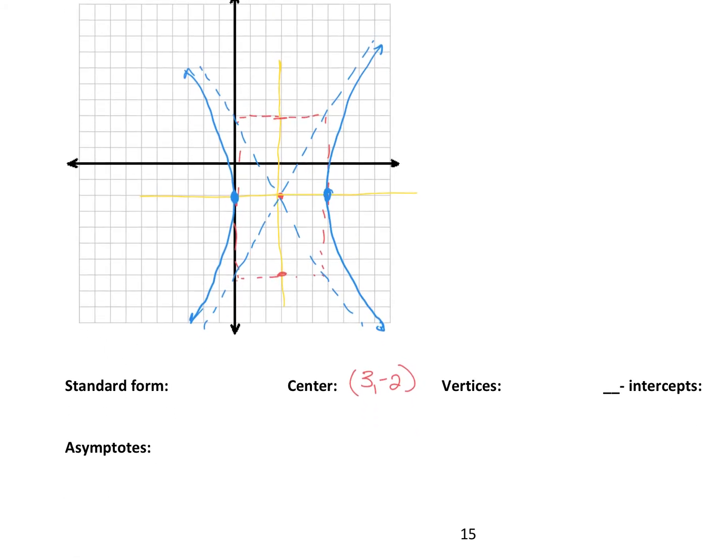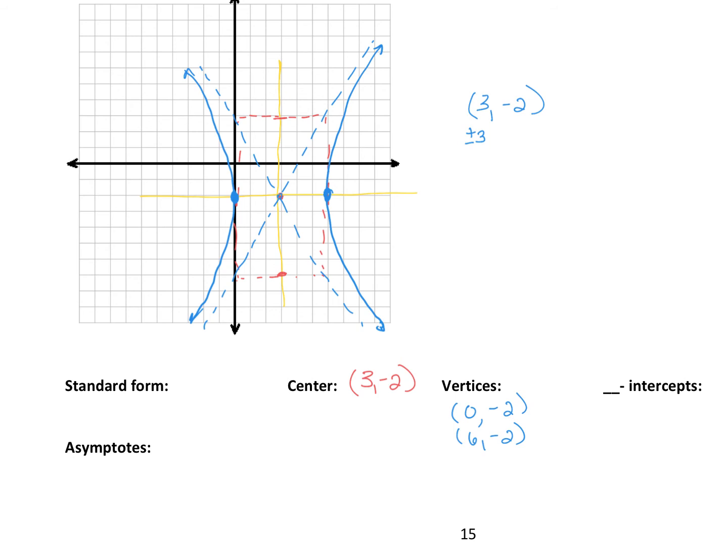And we can just look at the graph here. So I could do a couple of things. I could do 3, negative 2, and then say, well, from that center point, I went plus or minus 3 in an x direction. So I could add or subtract 3. So my vertices here are going to be 0, negative 2, and also 6, negative 2.